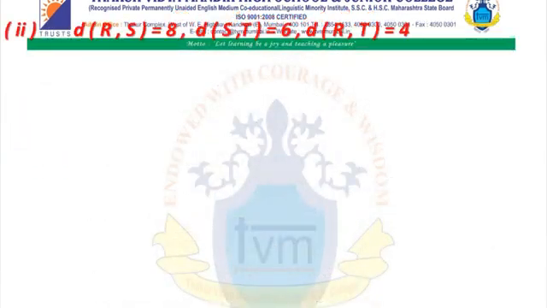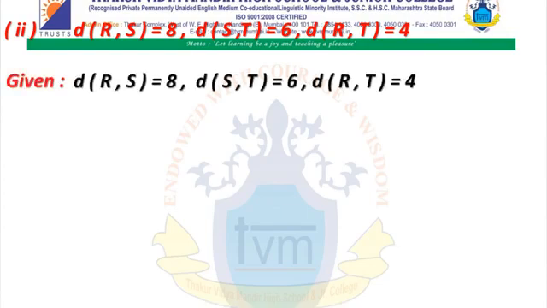Here we have the next question. Distance RS equals 8, distance ST equals 6, distance RT equals 4. Now here again we have three distances, 8, 6 and 4. Among these three distances, 6 and 4 are the smaller distances, right?